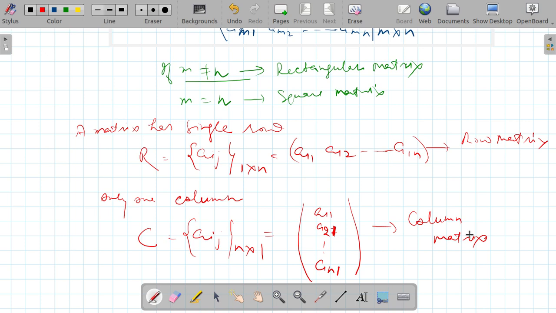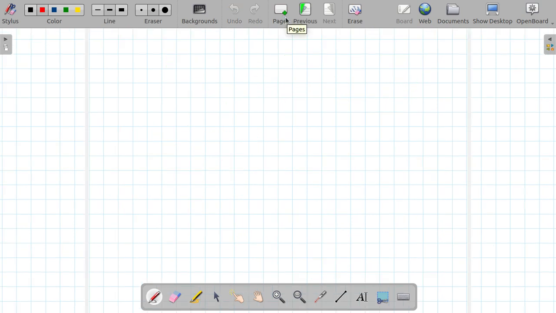Then let us talk about matrix addition. Next is the matrix addition. So two matrices are added if both have the same number of rows and the same number of columns.